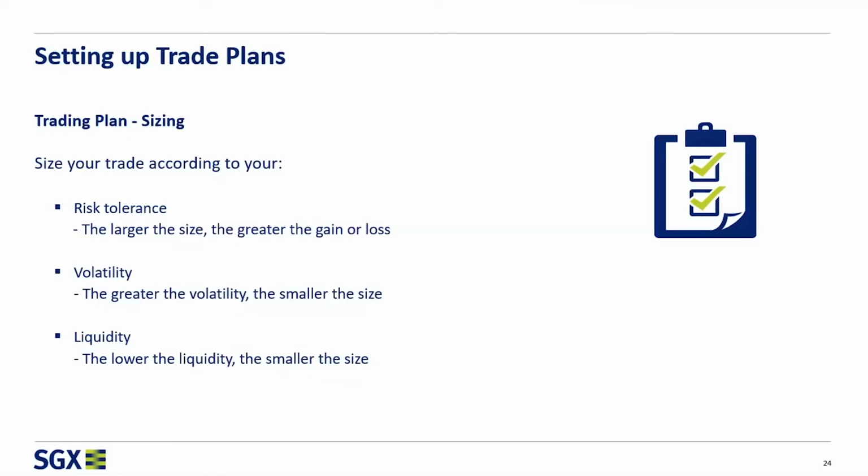So that's how people would like to size it in terms of volume. In terms of value, some of them will say that I will take profit every time I get 5% return, something like that. And I will exit the trade to cut loss if I lose 2%, something like that, right? So in this case, whether to size by volume or size by value really depends on individual preferences.